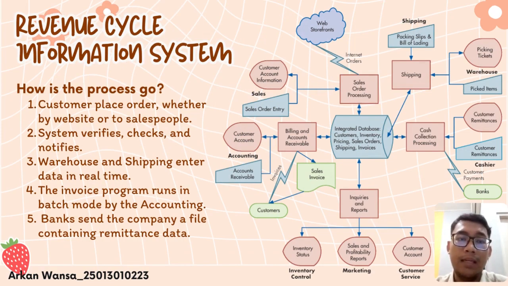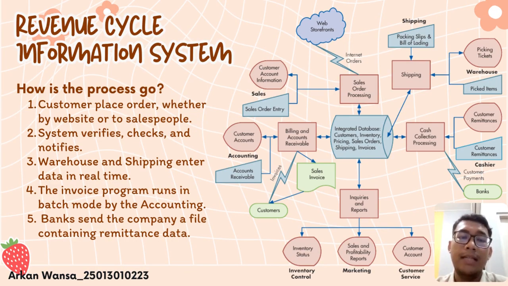Second, the system verifies, checks, and notifies. The system verifies customer creditworthiness, and the system also checks inventory availability. Then the system notifies the warehouse and shipping departments about the approved sale.